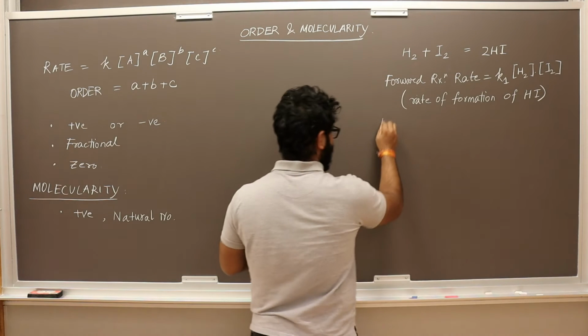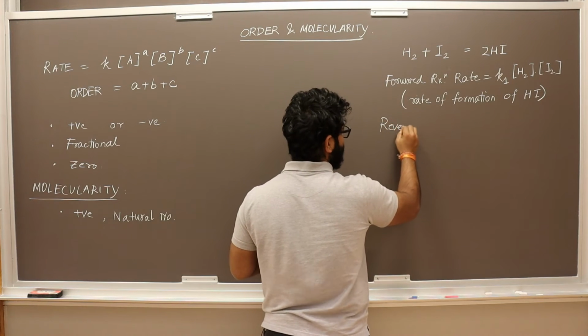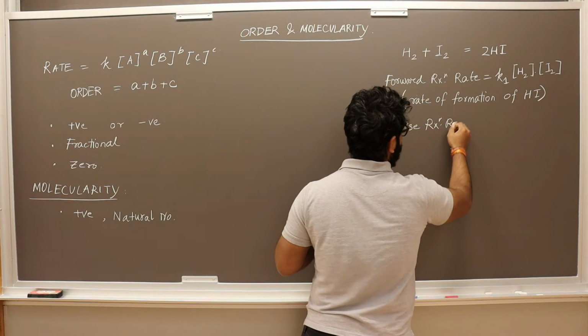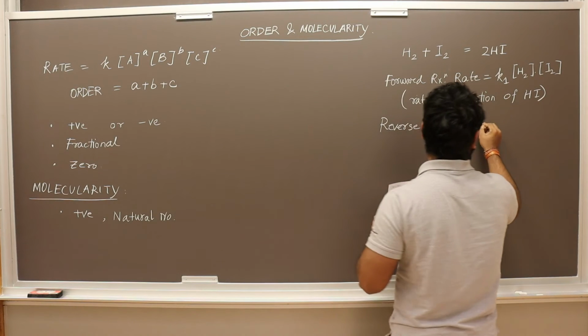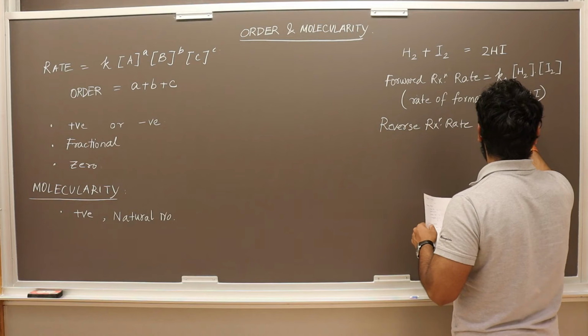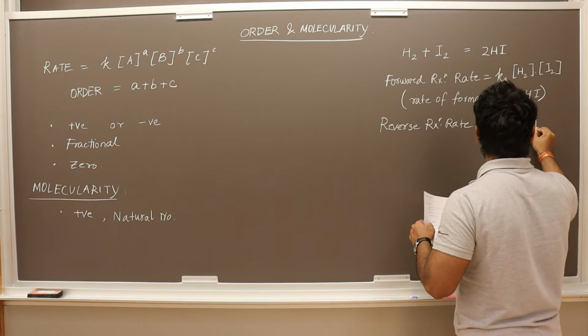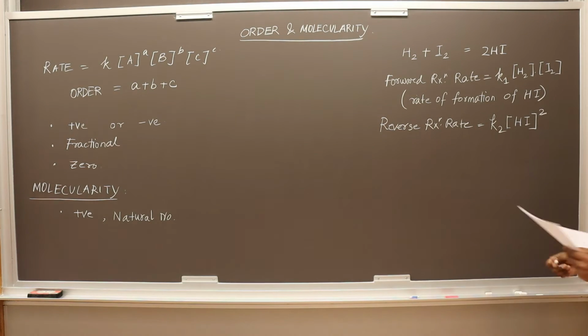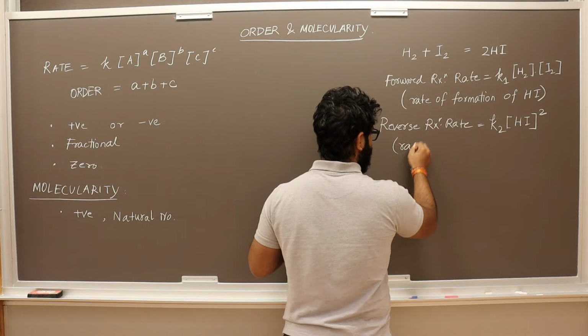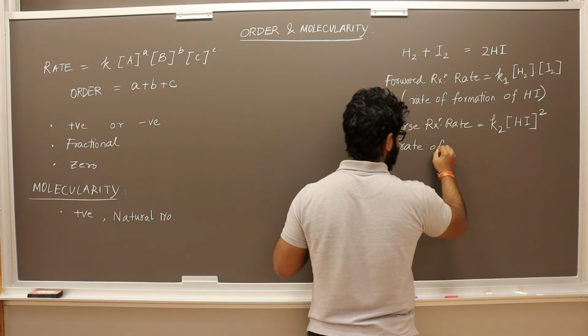Now, the reverse reaction rate was also calculated, and this was done experimentally. They just did it experimentally and found this. So this is the rate of decomposition of HI.